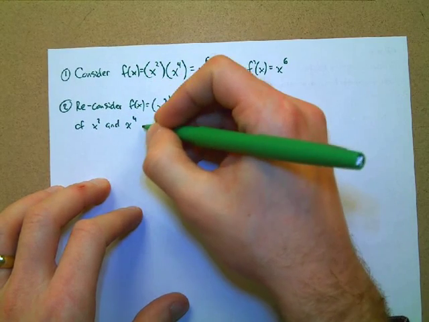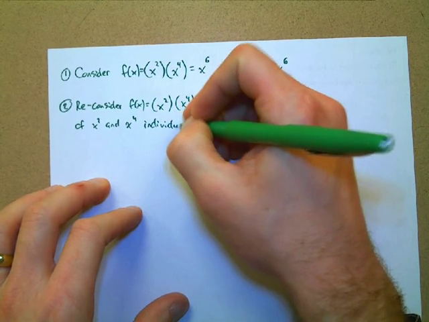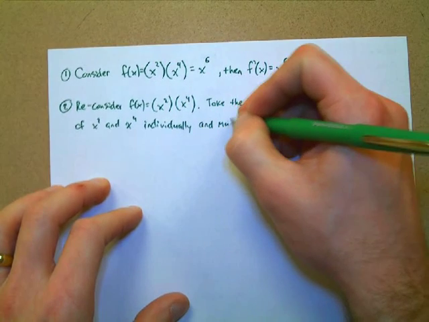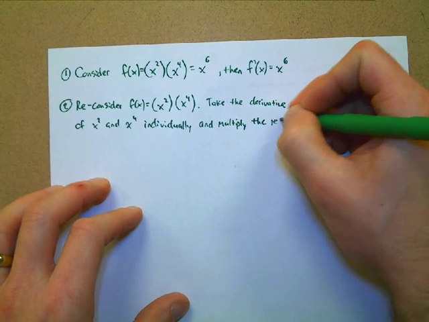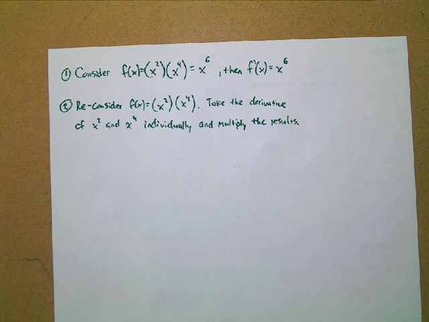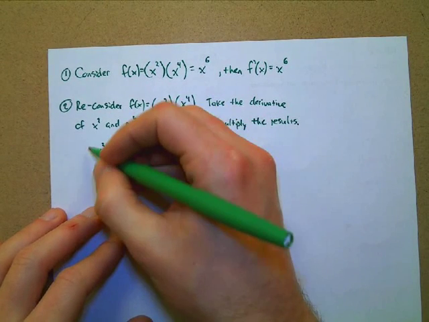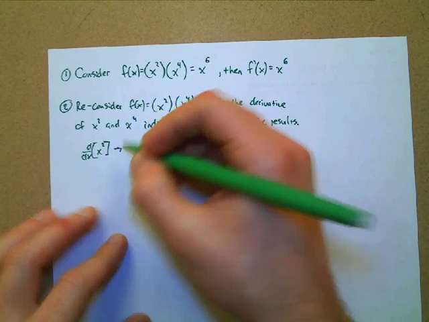So in other words, if we want to take the derivative of x squared, well, we know that's just going to be 2x, right? And if we take the derivative of x to the fourth, that will be what? Anybody? 4x to the third.